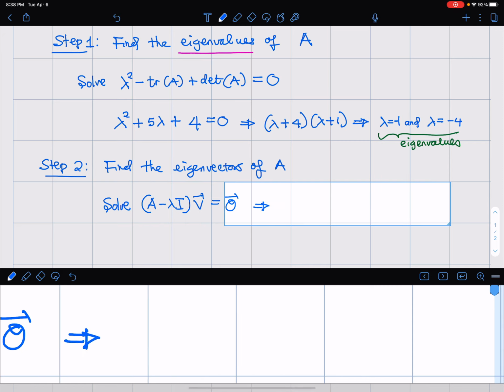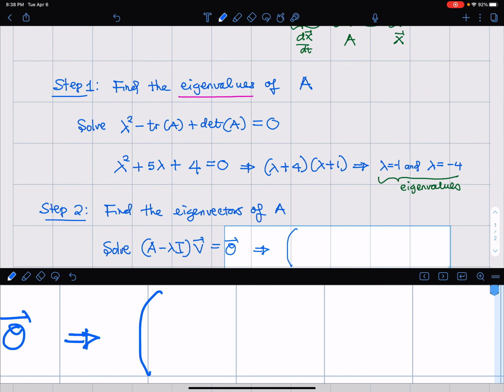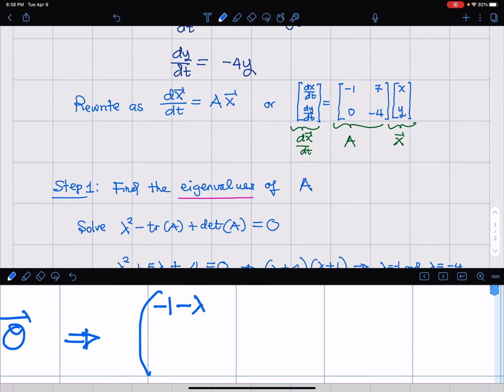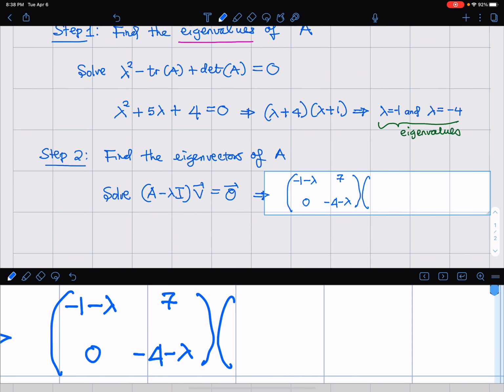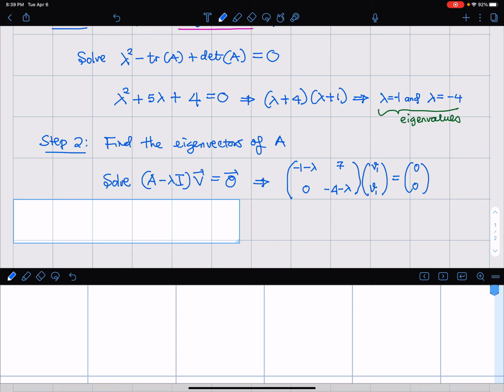So we're solving A minus lambda I, where A is negative 1, 7, 0, negative 4, minus lambda I, which gives negative 1 minus lambda, 7, 0, negative 4 minus lambda, times v1, v2 equal to 0, 0. That's what it boils down to, and we're going to do this for each of our eigenvalues.